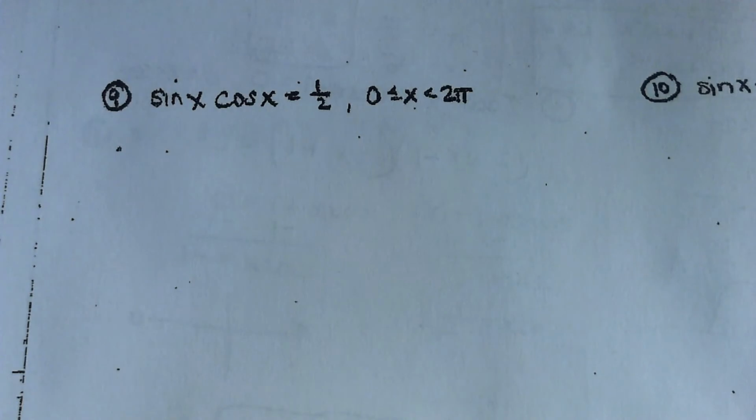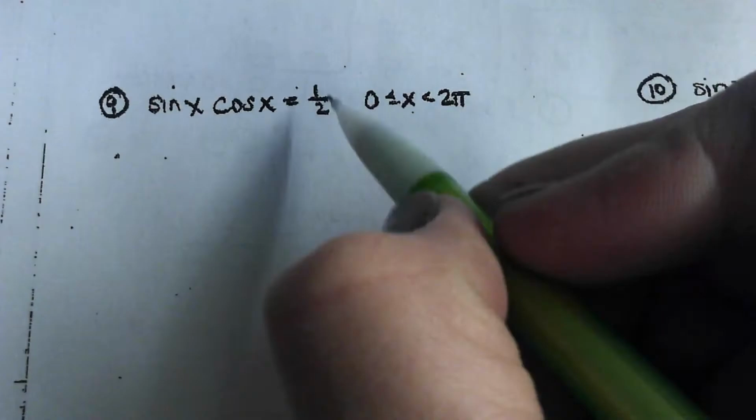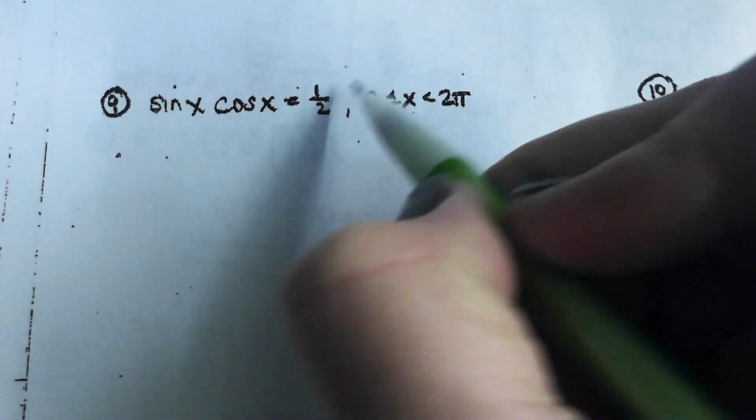Number 9. Andrew's already got a creative solution, and so does Bailey. This is fantastic. Bailey, what were you going to say? Correct.